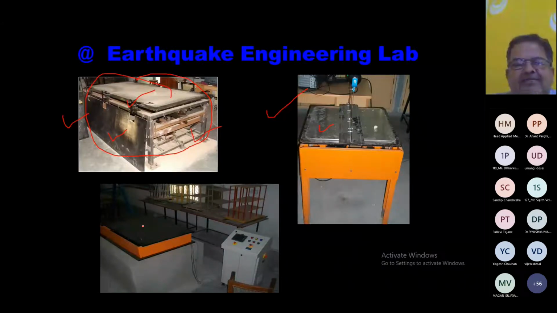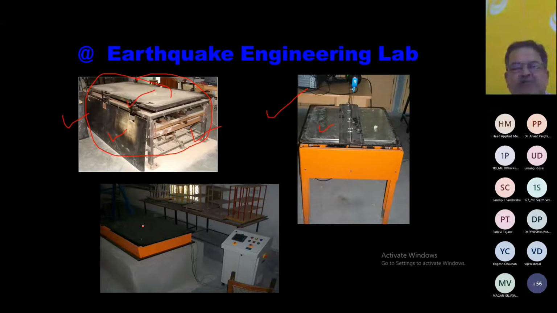When we talk about an earthquake laboratory setup, people feel that it is too costly, so nobody is purchasing. And if you look at the condition in Gujarat, there was not a single earthquake lab in the state of Gujarat before 2001, right? So we sent a proposal to the GSDMA, and we said that we would develop an earthquake lab in such a way that the cost will come down.